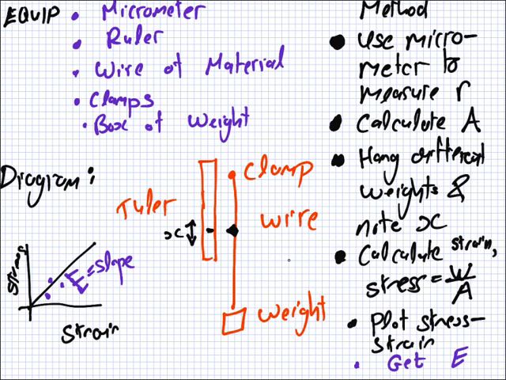Now, will they ask you that? I don't know. Probably. 10% chance. Is that big? It's 5 times more than the coronavirus. Is the English plot stress against strain? Yeah, I just used a hyphen.